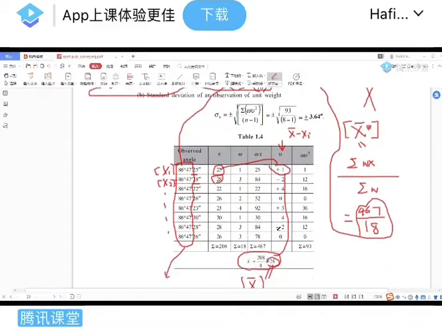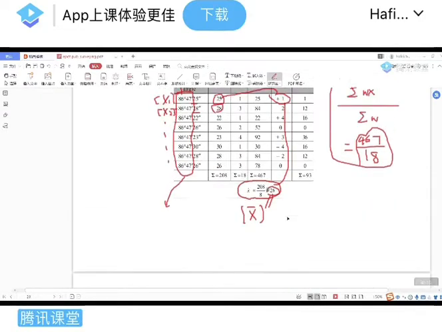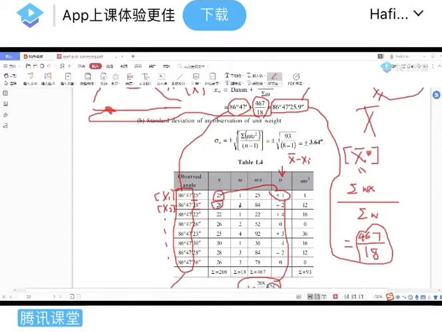And then, in the formula, you have to take omega times vi squared, where omega is the weight. So you have the square of that. 1 times 1 squared is 1. 3 times minus 2 squared is 4 times 3, which is 12.